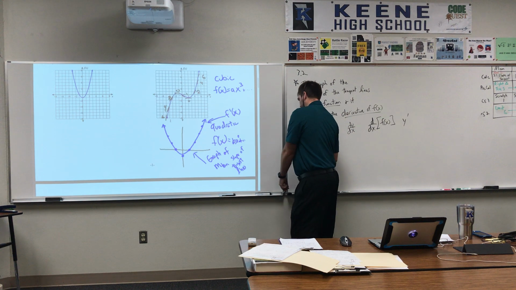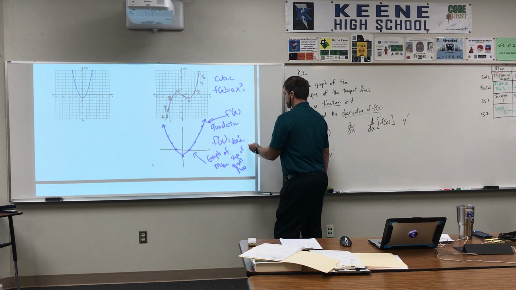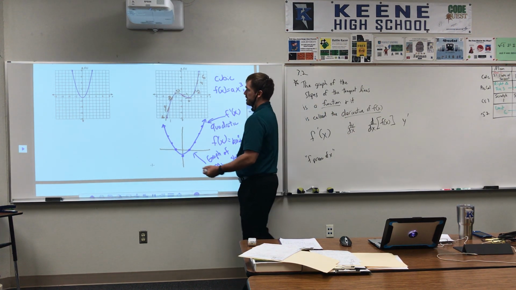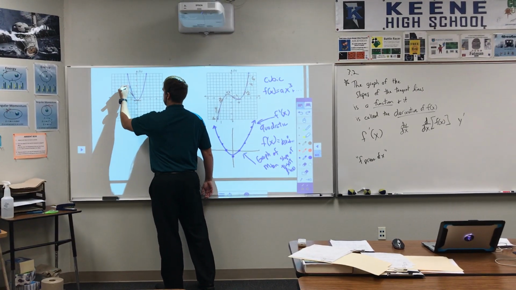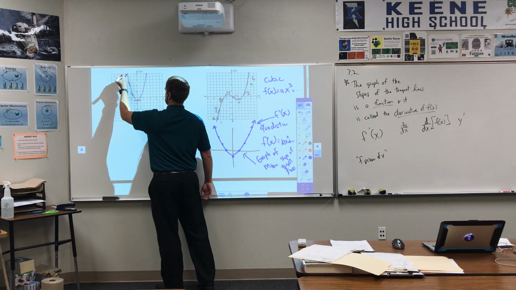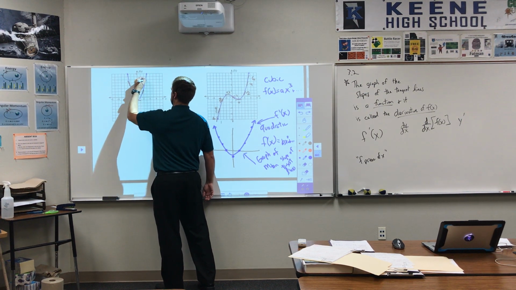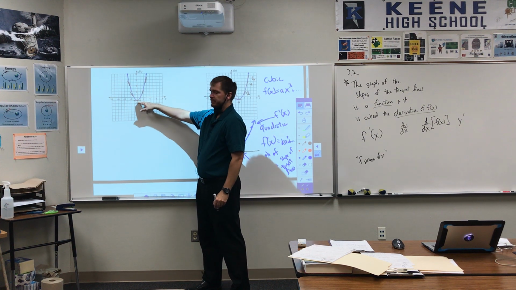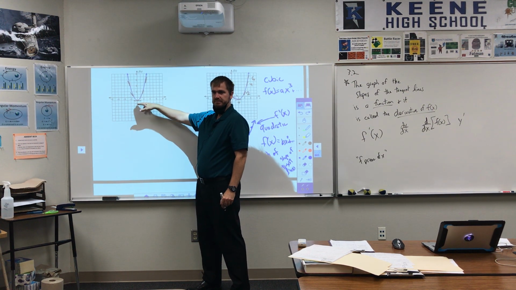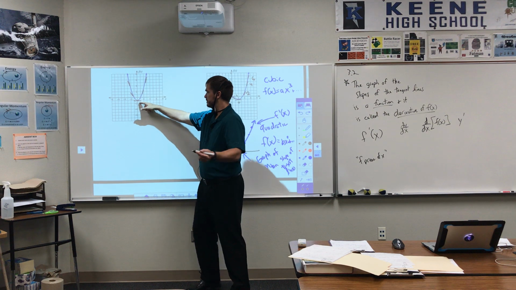All right, let's go ahead and go over to this one. We don't have numbers there. What about right here at the vertex? What would you think the slope would be? 0?